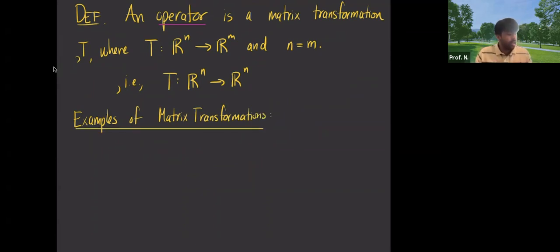There are ones that make everything zero, and there are ones that do nothing. So what are those called? We have the zero transformation. That's when you take something like T of x.